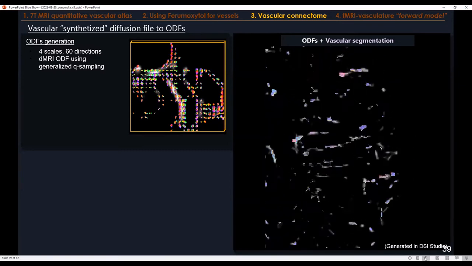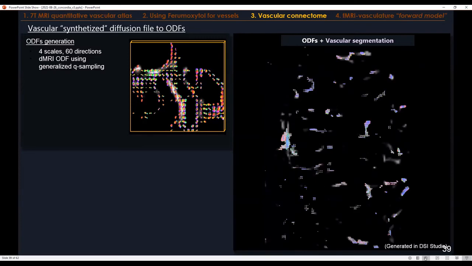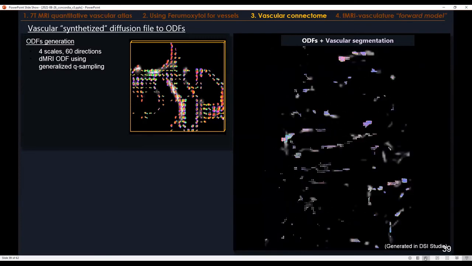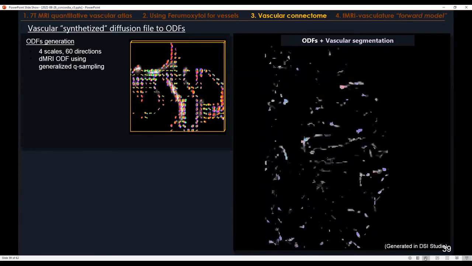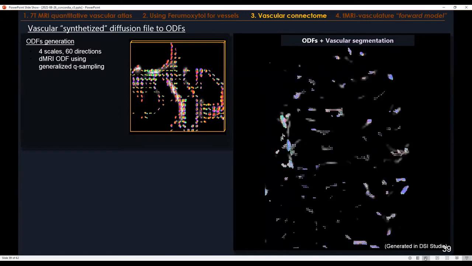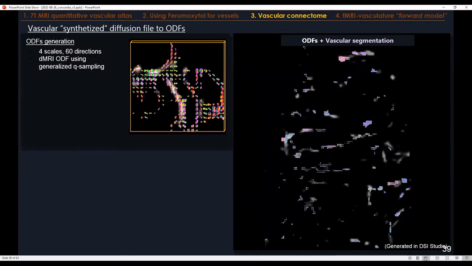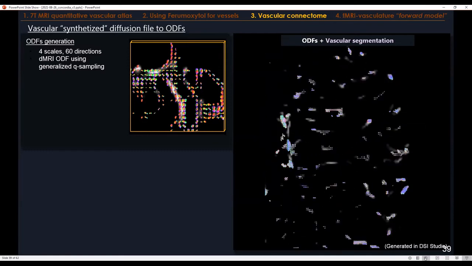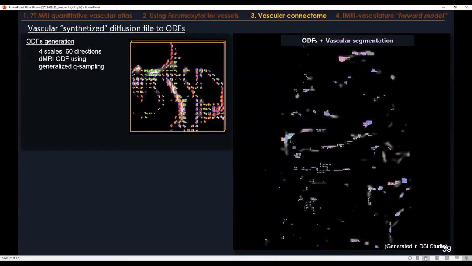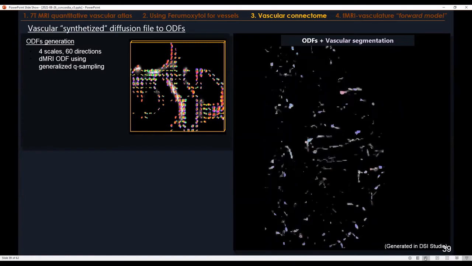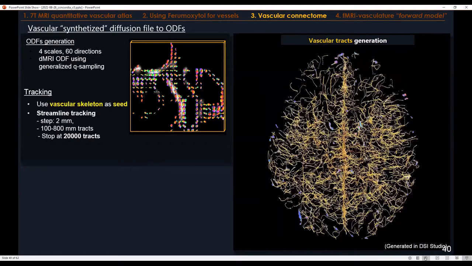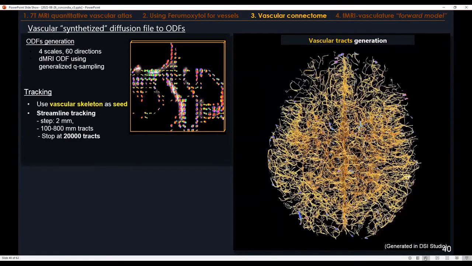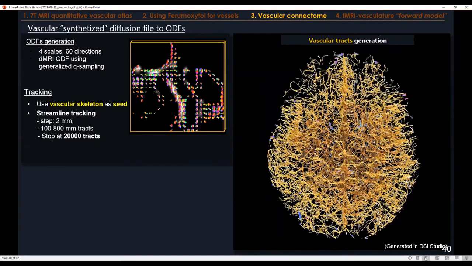These ODFs are simply localized on the vascular segmentation, because we reconstructed the ODF at this location. Then we launch a tracking algorithm from this; here we use probabilistic tracking. We modify it a little so that it captures the anatomy of the vessels.